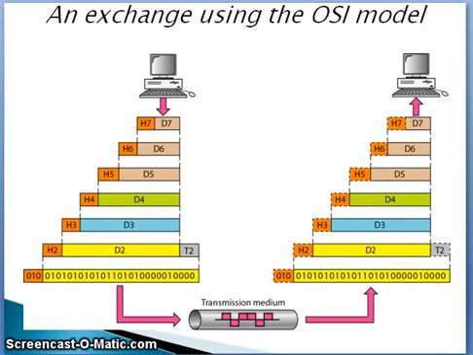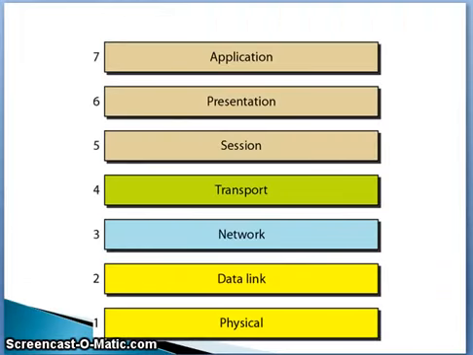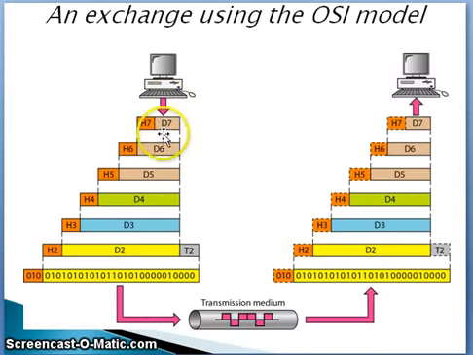If you can see in this diagram, basically encapsulation is taking place. What is happening is, at the application layer, a header is getting added to the data a user is sending to the particular receiver. We will come to the layer below, like we have seen in the diagram. In the presentation layer, the data gets encapsulated with its own header.